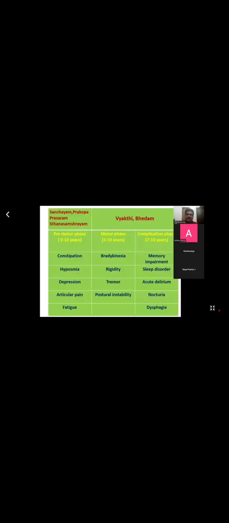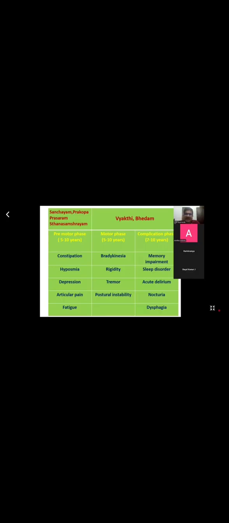Now, in short, the last 35 slides we will condense into one single slide. The first is the premotor phase, that is Sanchaya, Prakopa, Prasara and Sthana Samsraya. The symptoms will be constipation, hyposmia, depression, articular pain and fatigue. This phase can last up to 5 to 10 years.